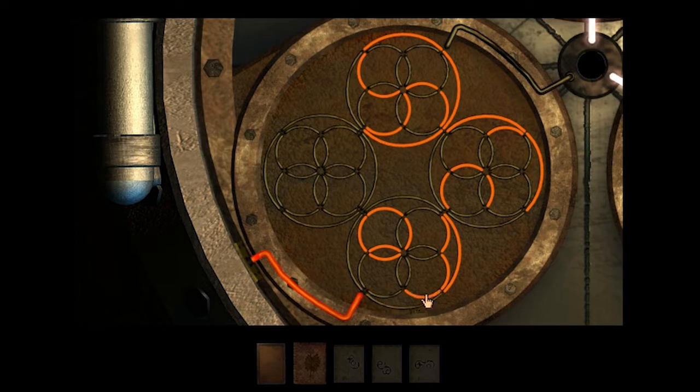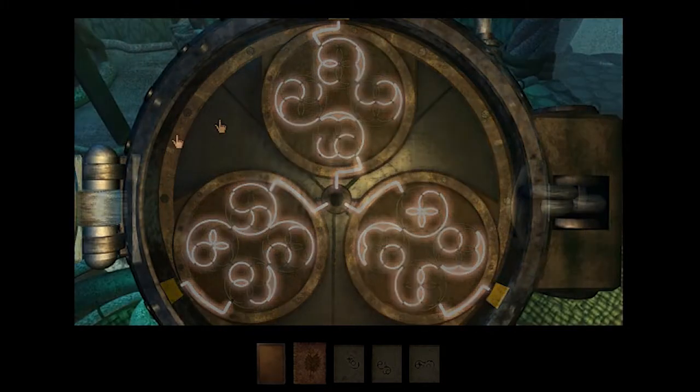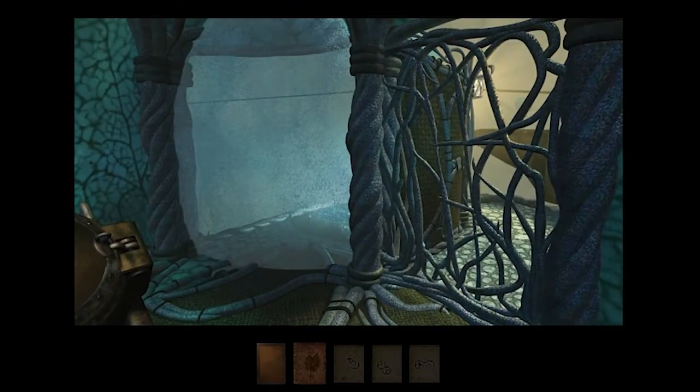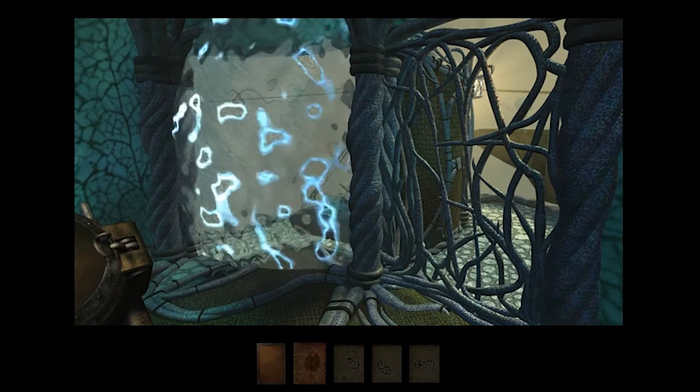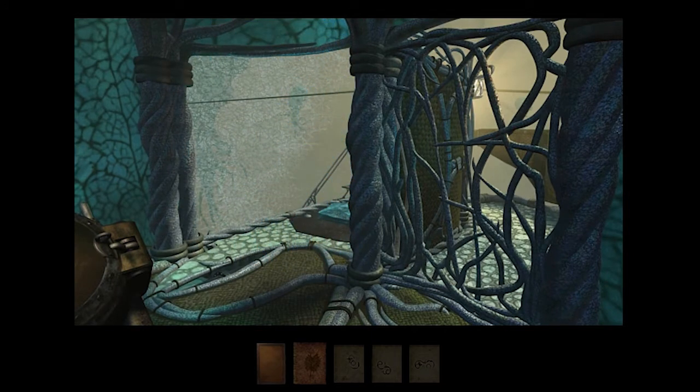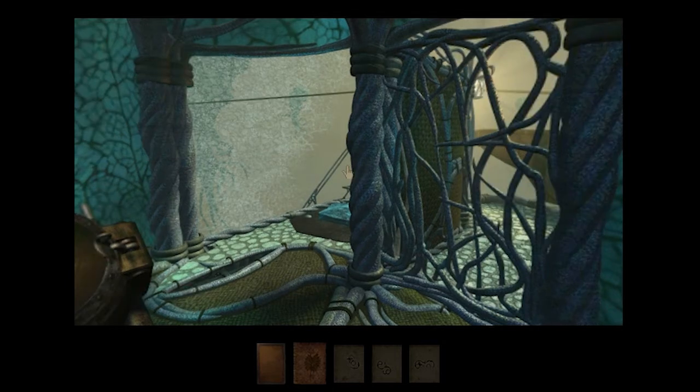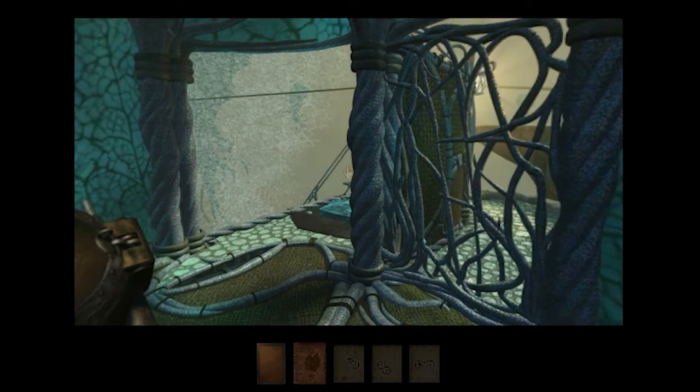Now is it the long one or is it just a short one? I'll do the short one. Spur, change. And it has like two little leaves coming off of it. And I think it really curled around. There we go. So that takes that off.